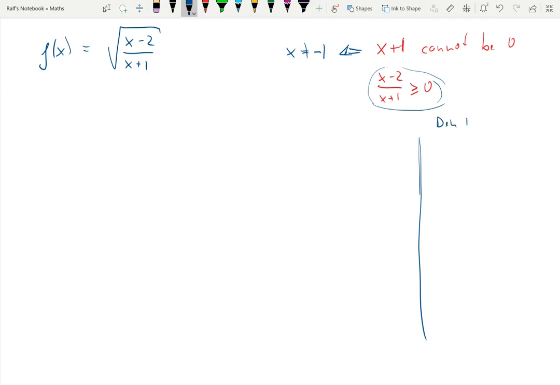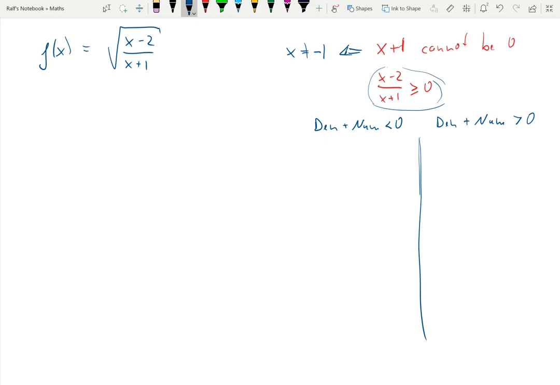Either the denominator and the numerator are larger than 0, or the denominator and the numerator are smaller than 0. So two possibilities. Actually, what we have to take into account here, the denominator has to be smaller or larger than 0, because it cannot be 0. The numerator could actually be 0, because multiplying something by 0 is okay.